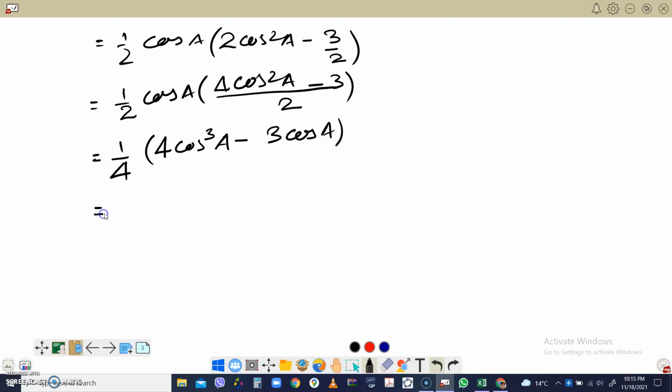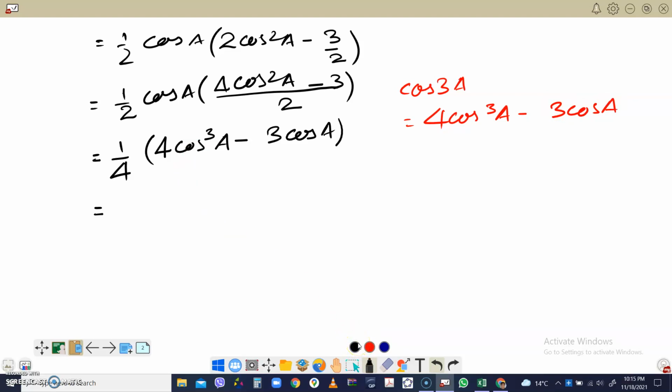Now if you remember, cos 3A is actually 4 cos cube A minus 3 cos A. So look at the term inside the bracket.